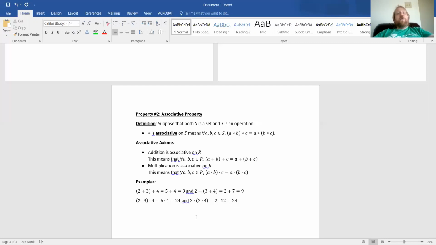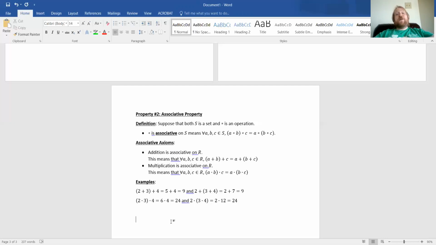Now, a couple of other remarks about these examples. As with commutative, you cannot prove the associative property true just by example because the associative property has a for all quantifier. And you can't prove a statement is always true simply by listing an example of where it is true. That was the same deal for commutative. That is why we have to accept these as axioms.